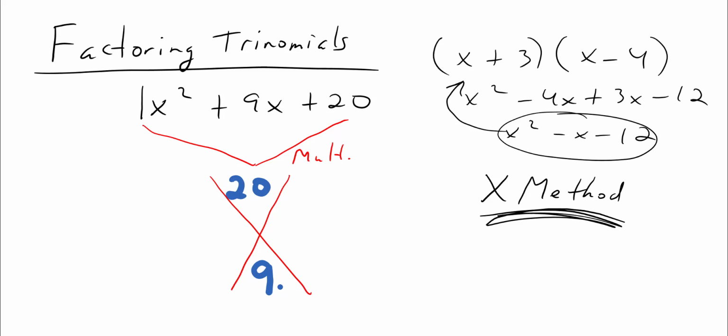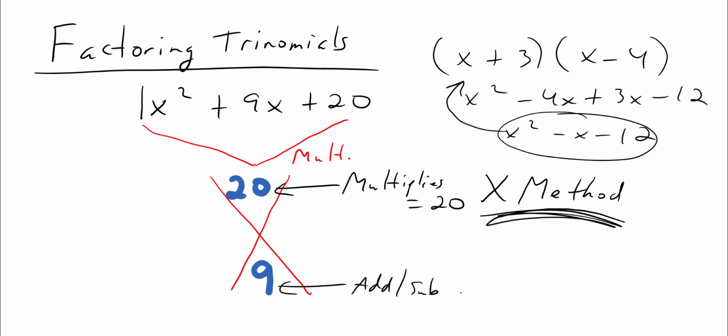And then once you have those numbers, the question you're going to ask yourselves is, what multiplies to equal 20 that adds or subtracts, depending on if there's a minus or plus, to equal 9?